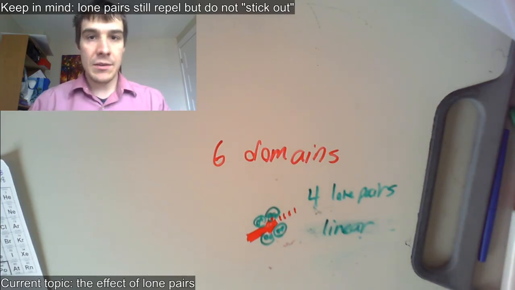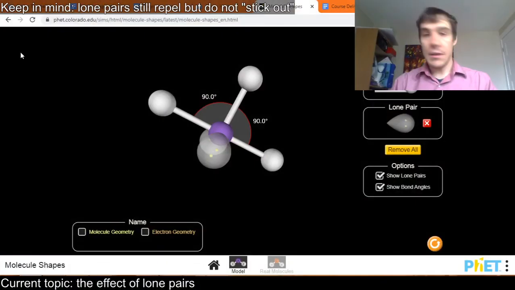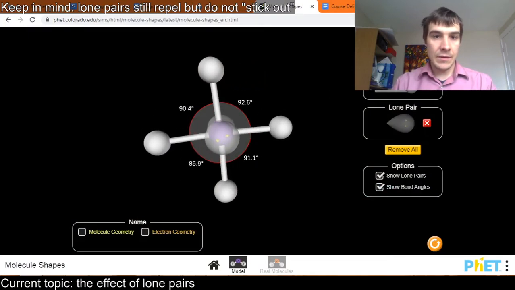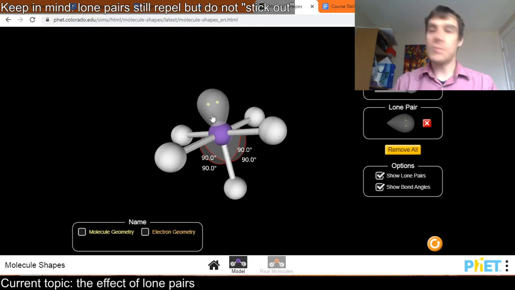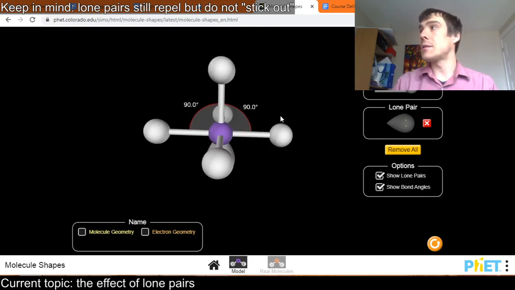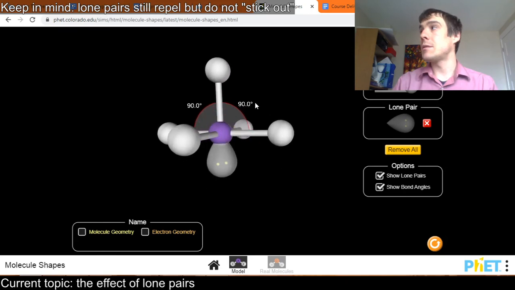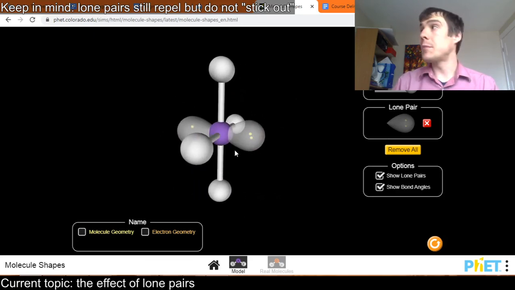If we go back to the molecule shapes, to this thing, we can add some more of these, take away a lone pair. So here's an octahedron with 1 lone pair. You see that square pyramid shape, so it really does look like a square pyramid. If we take away a bond and add another lone pair, now we have that square planar.